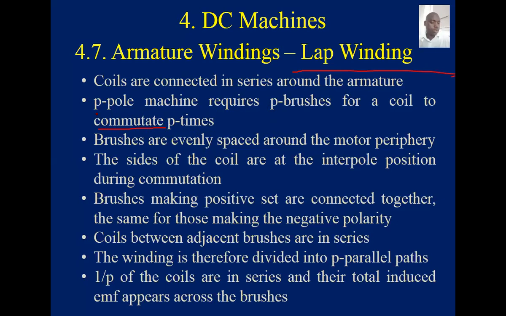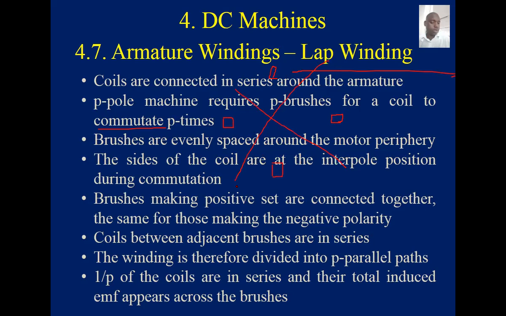If we have four poles, we also need four brushes for the coil to commutate twice. So brushes are evenly spaced around the motor periphery. That means if we have two brushes, there will be an angle of 180 degrees between them. That will be a two-pole machine. Four-pole machine, then the other one will be added. There will be 90 degrees to each other, and so on. That is the arrangement that we have in the brushes.